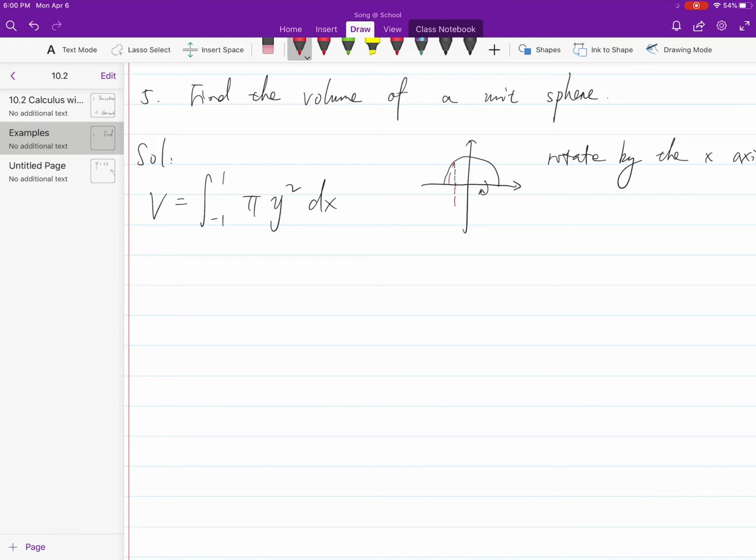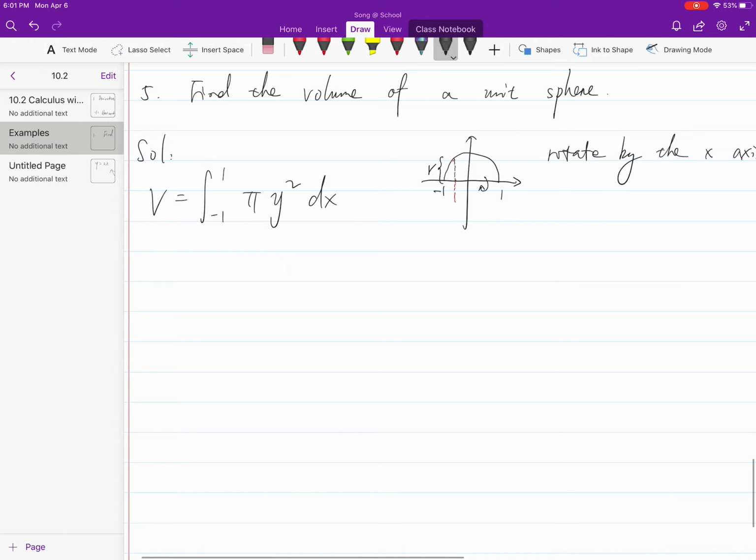Okay, every time what you're doing is basically rotating this one for a complete cycle. You receive, I better not draw it, this is really ugly, you receive a disk, and they add all these disks together. So from -1 to 1 dx, okay, pi r squared, your r, however, is just going to be your y in this case.